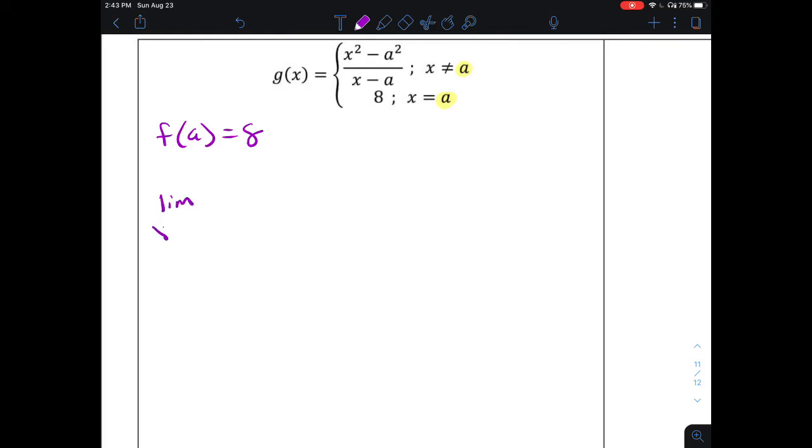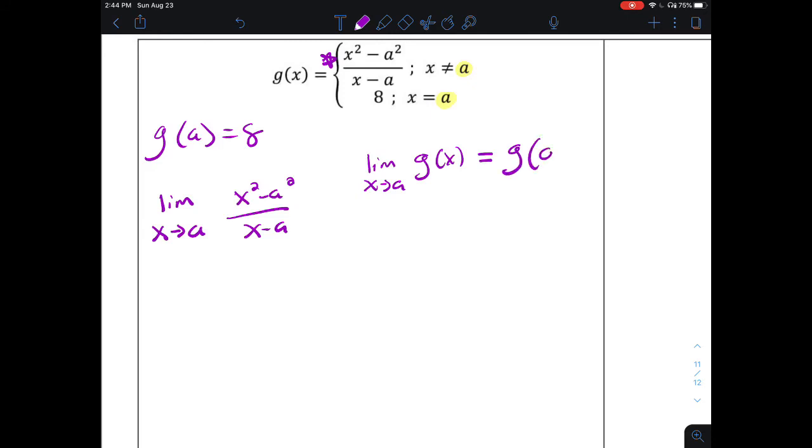So the limit as x approaches a, we'd be using the top equation here of x squared minus a squared over x minus a. In order to be continuous, the limit as x approaches a for g of x, and actually I used the wrong letter here at the very beginning, that should be g of a, needs to equal g of a.